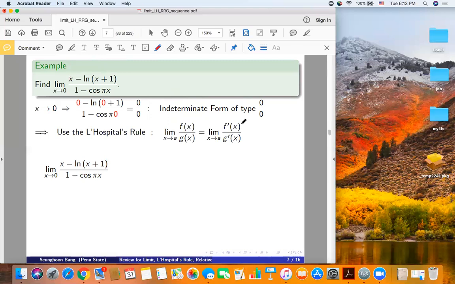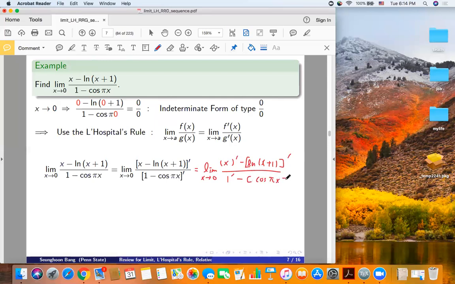So here you can take derivatives. This is the same as the limit as x approaches 0 of the derivative of x minus ln of x plus 1, over the derivative of 1 minus cosine pi x. What is x prime? It's 1. What is the derivative of ln of x plus 1?